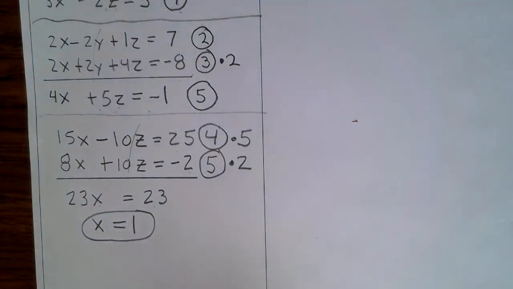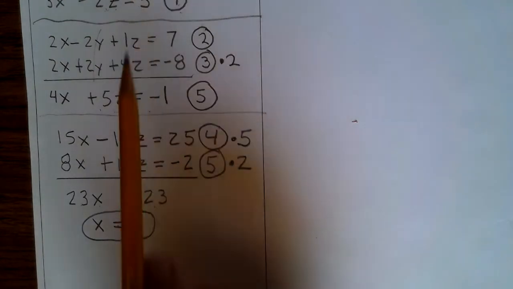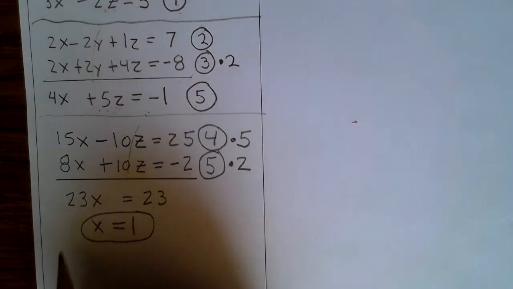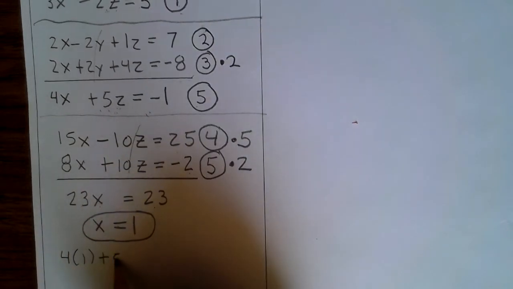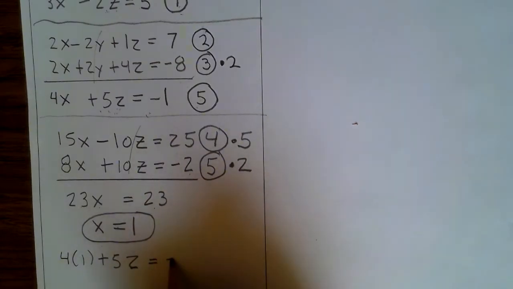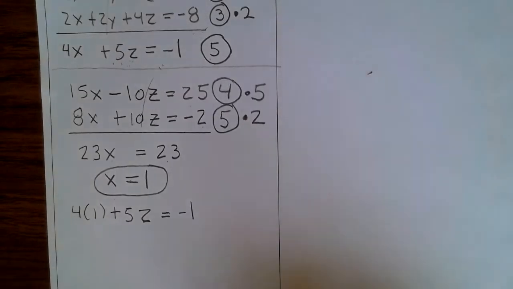Okay. Now we can substitute x equals 1 in either equation 4 or 5 to solve for z. So I'm just going to plug it into 5 since it's right there. So that's 4 times 1 plus 5 times z equals negative 1. I've been a little inconsistent in the video.